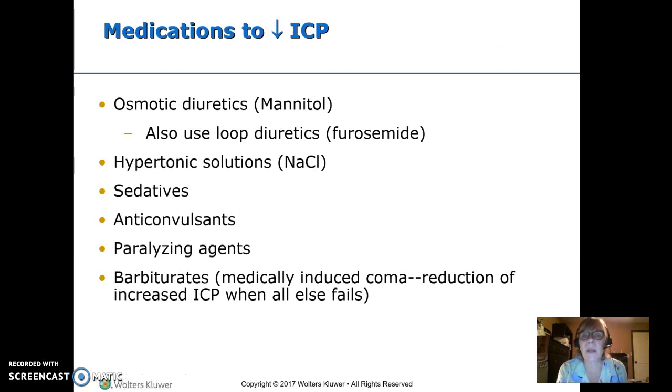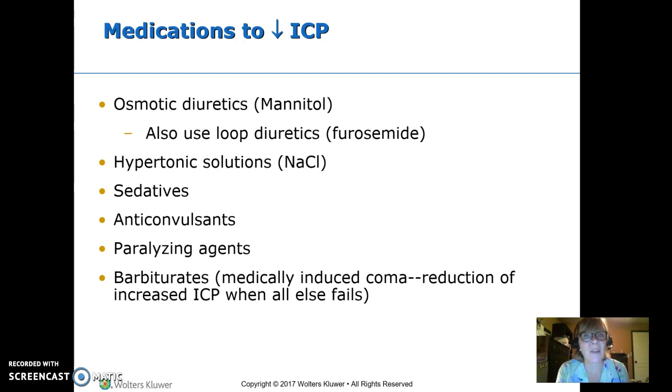So our osmotic diuretics, the main one is mannitol. And if you remember, this is a big sugar molecule that pulls fluid into the vasculature, into the blood vessels, and then it dumps out in the urine. Mannitol doesn't go into tissue at all. It doesn't do anything except go in and then out in the urine.